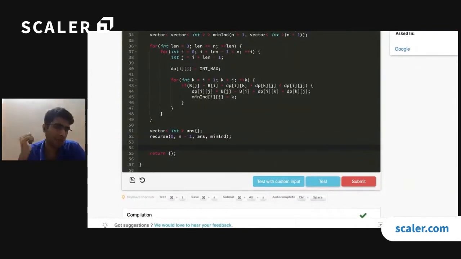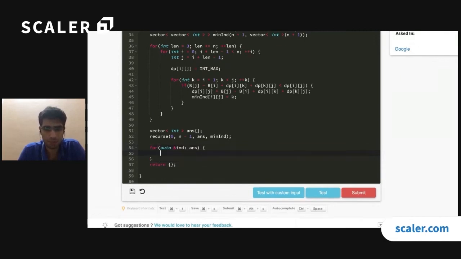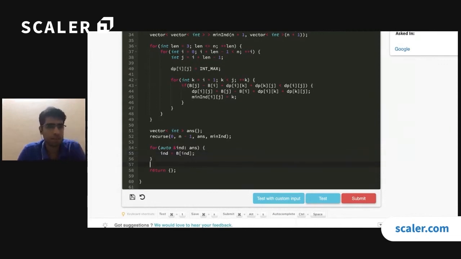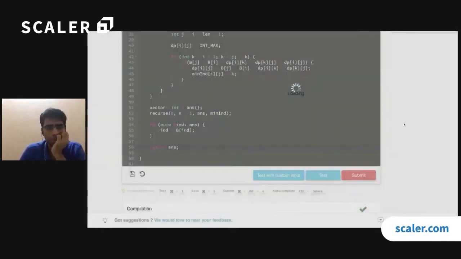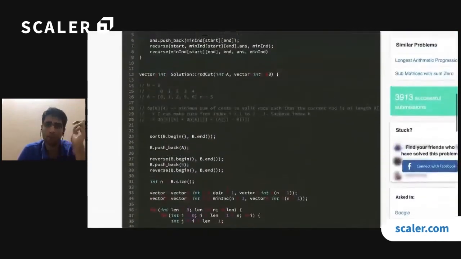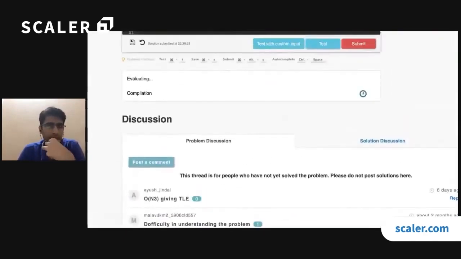But now I will have to change everything in the answer to what was the value in this B. So for auto iterative index in answer, index will be equal to B of index, and I can return answer. This should probably work because I am calculating it in the correct sequence. It should be correct probably.